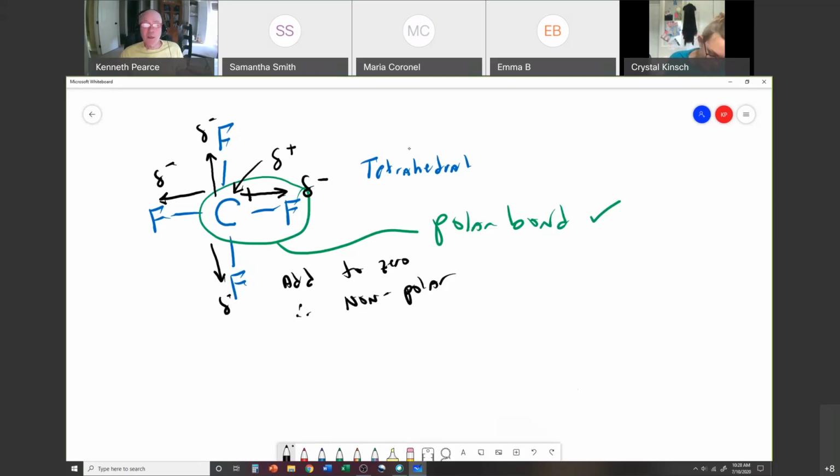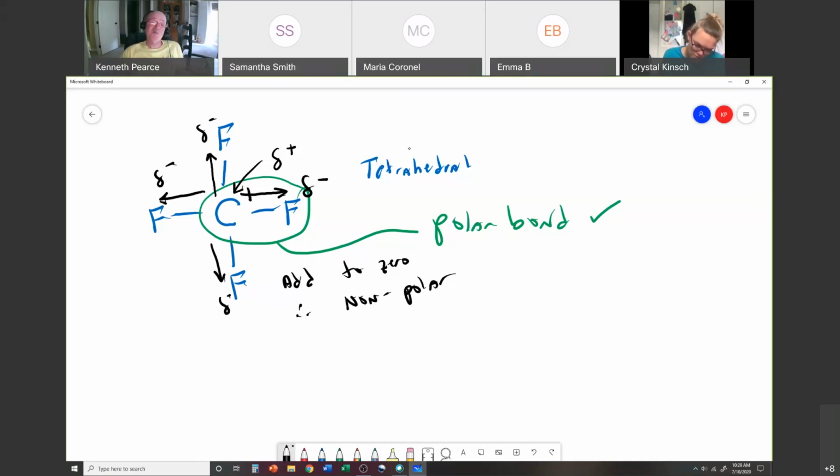Okay, another way of looking at this is that there has to be a net pull. You have to have a net pull in one direction or the other. And in this case, we're pulling equally in all directions. And since we're pulling equally in all directions, they cancel each other out. And so the overall molecule is nonpolar.